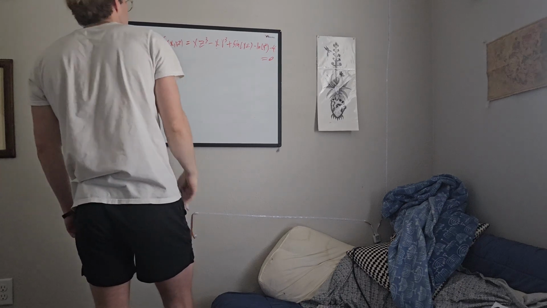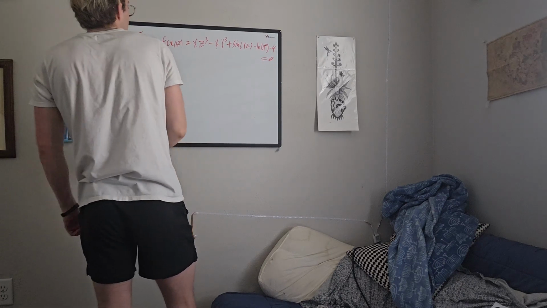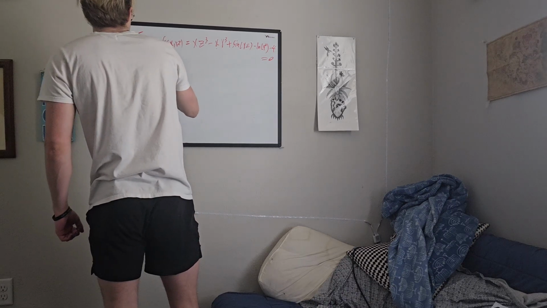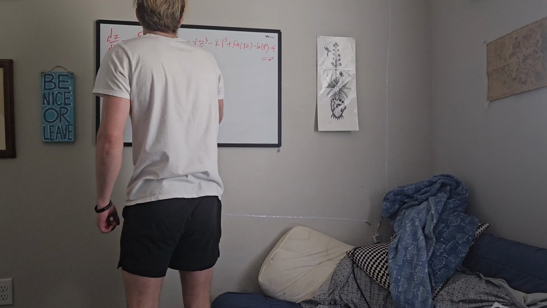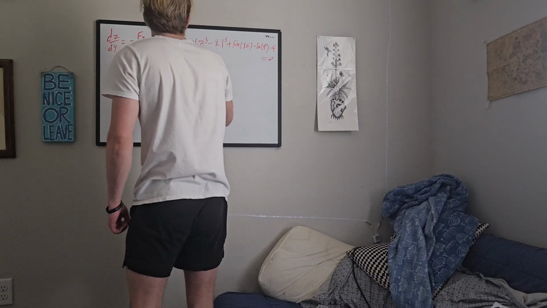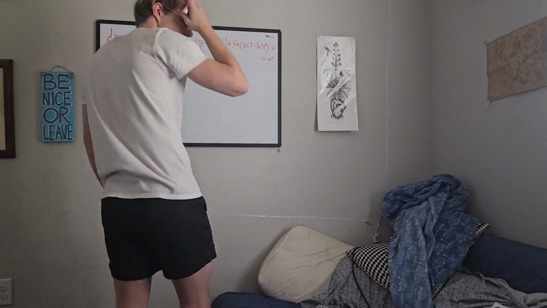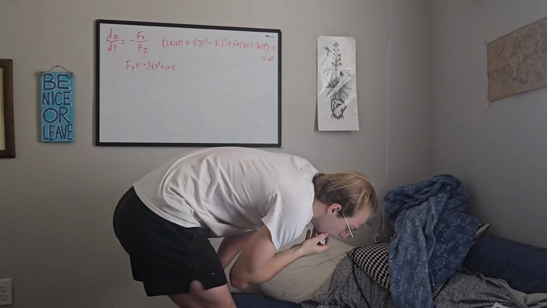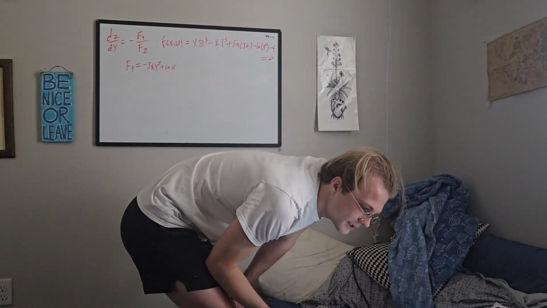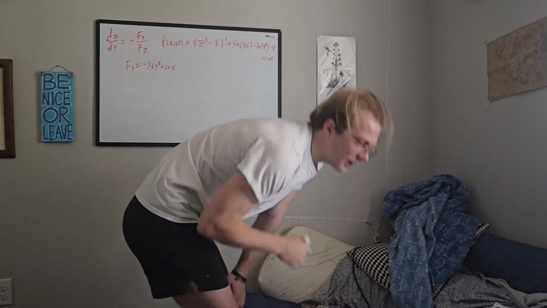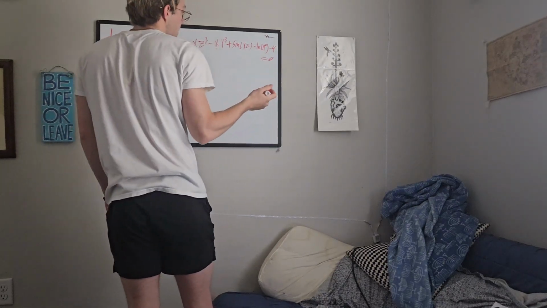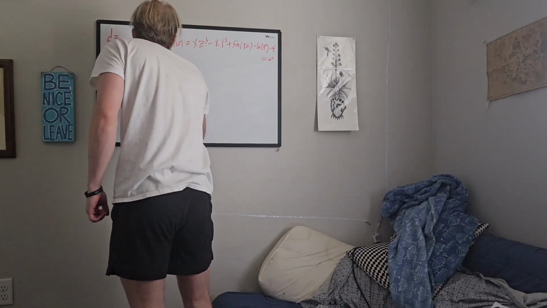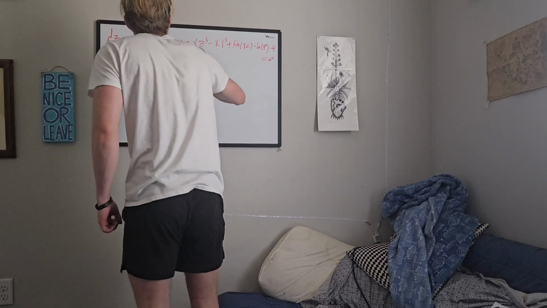So fy, with respect to y, is negative 3xy squared plus cosine of yz, but you multiply by z because it's chain rule.